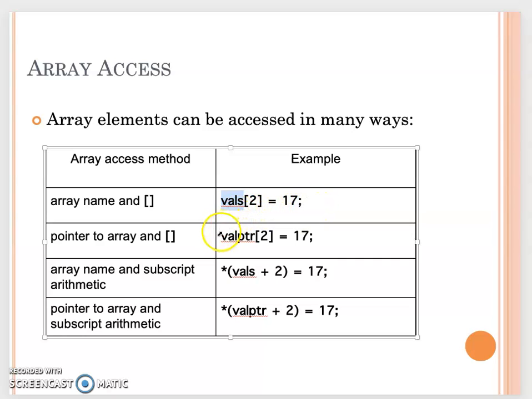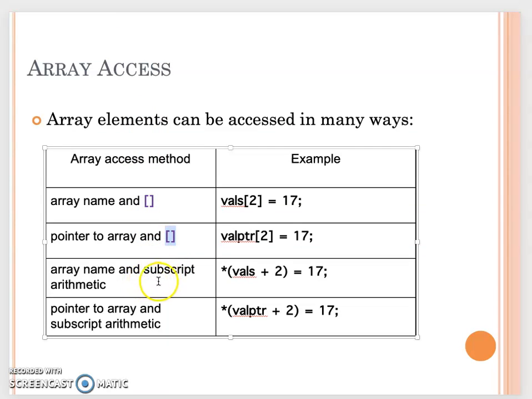If we define another pointer, valPtr, equal to vals, I can also use the square bracket with the pointer variable like an array name. So this is using the square bracket operator, and it can work with either the array name or the pointer referring to the beginning of the array.